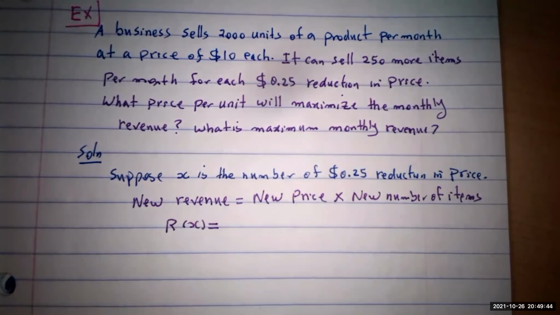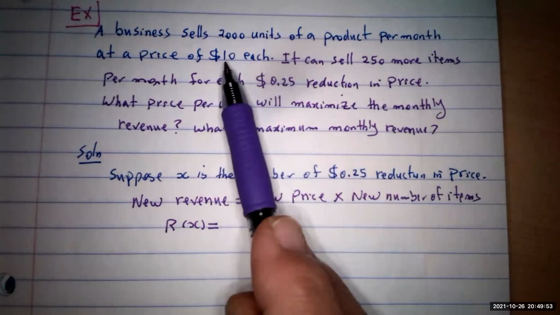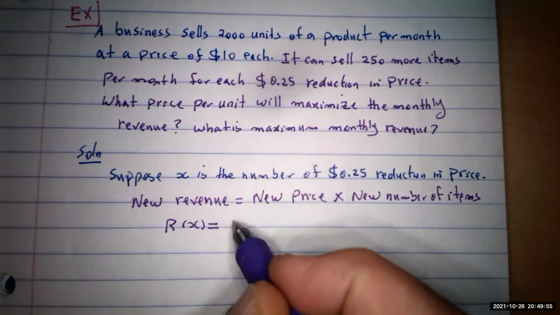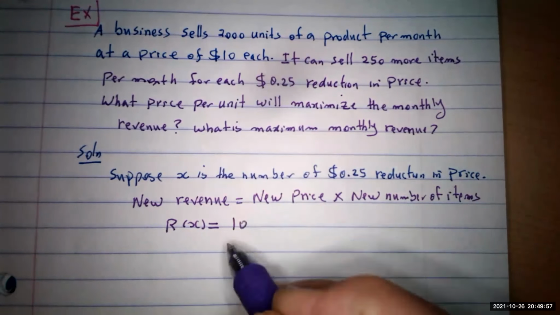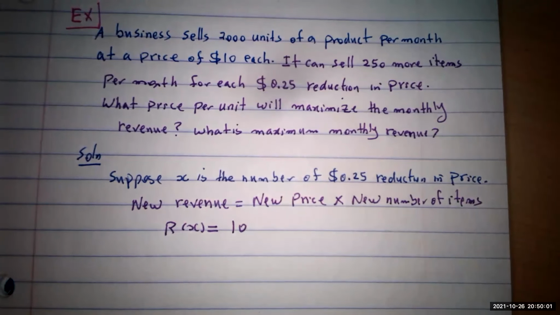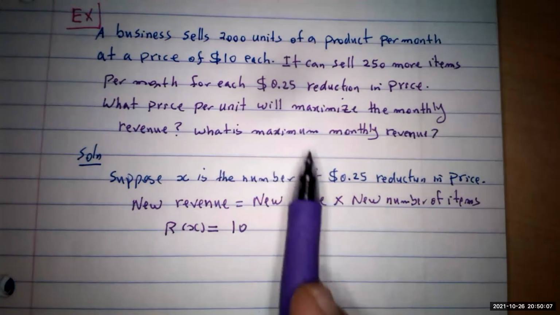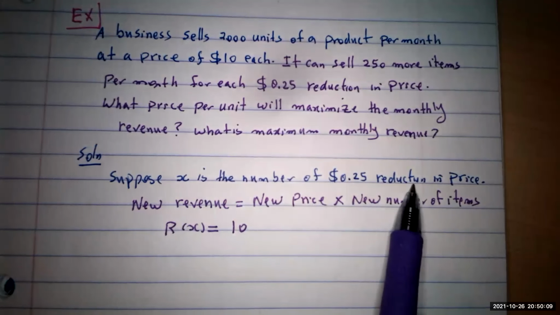What's going to be the new price? What was the original price? The original price of each item is $10. So you reduce the price. How much? 25 cents. How many times? x number of times.